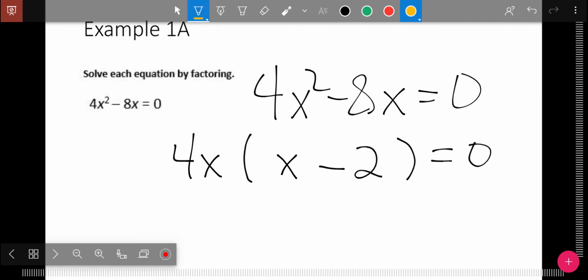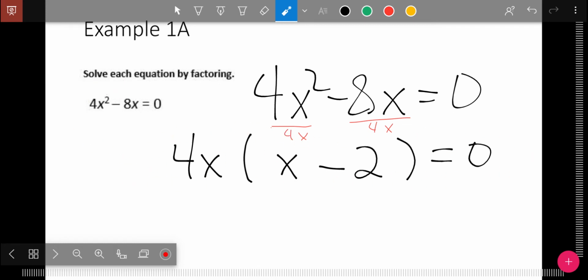Another way you can think about this is once you decide what the greatest common factor is, it's like you're dividing both parts by that greatest common factor to figure out what goes inside the parentheses. So this whole thing here is factored form.